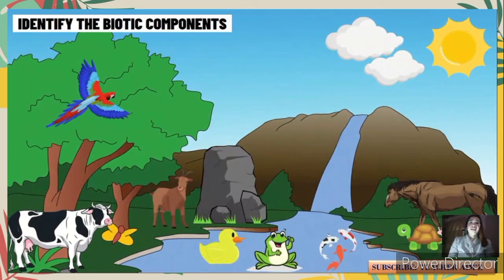What are the different biotic components that you can identify? Okay class, write down all the possible answers that correspond to biotic components of an ecosystem. Write as many answers as you can. I will give you 1 minute to answer this activity.